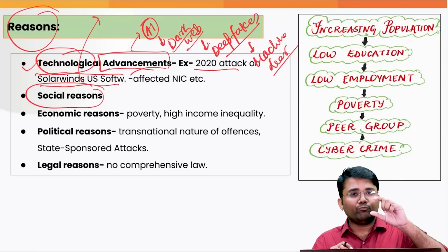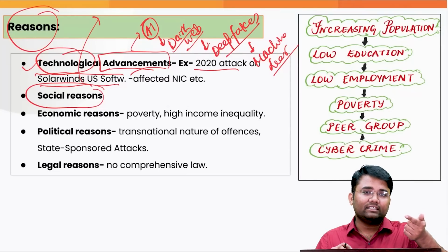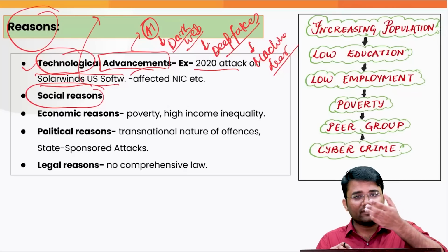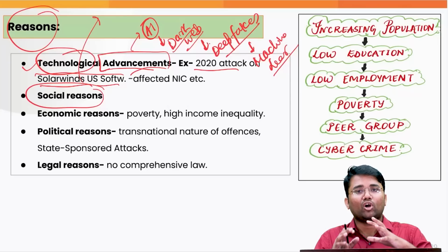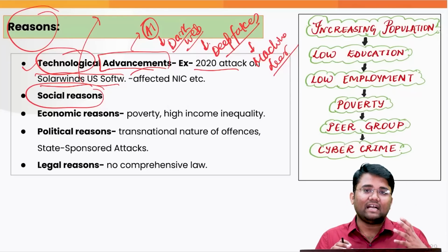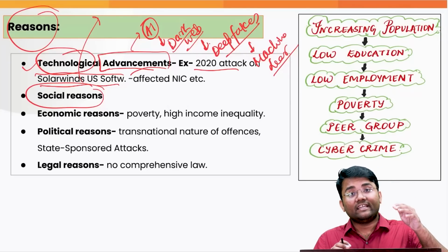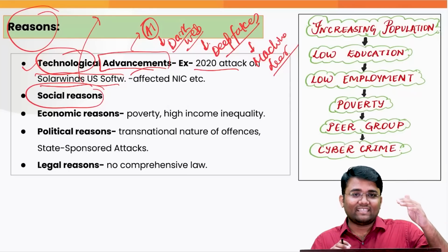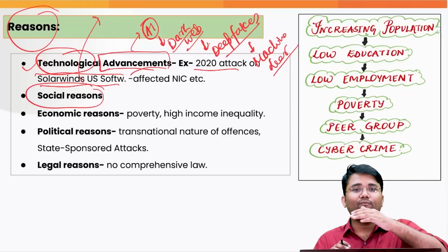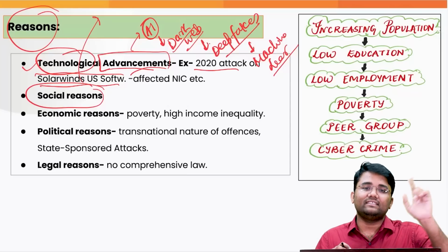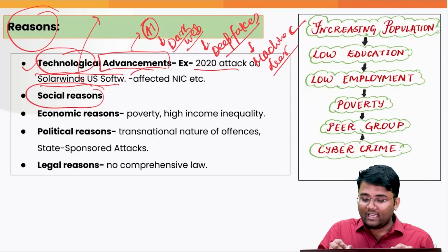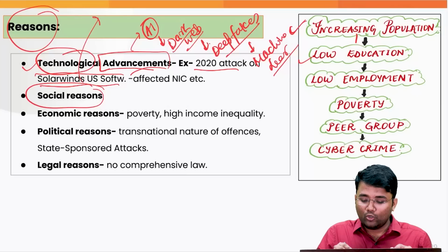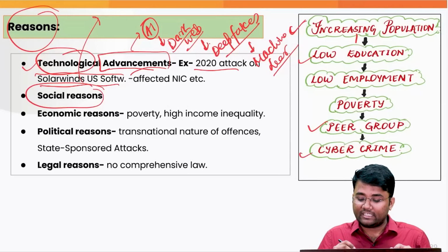Second, when a few people who went for these digital frauds earned a substantial chunk of money, they built houses and bought several vehicles, various cars, etc. That created a peer pressure, or a peer motivation, for other youths also to resort to these digital crimes. Also, increasing population is leading to low education, low employment, poverty, and peer group pressure, which is further creating cyber crime.